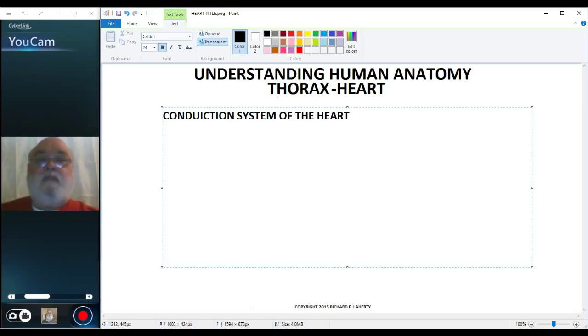Now, cardiac muscle has the property of inherent rhythmicity. That means cardiac muscle beats without a nervous stimulus.